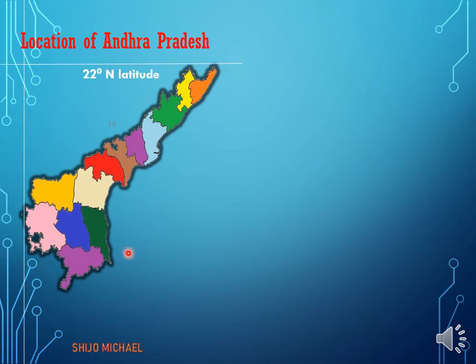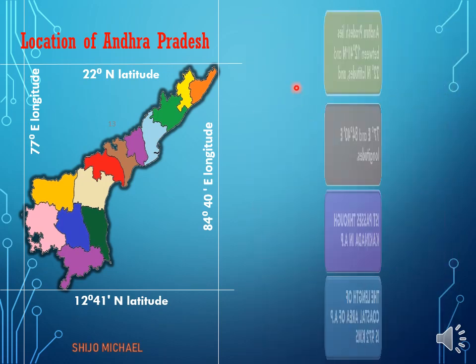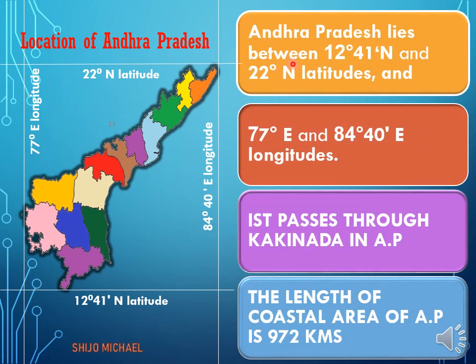We have learned about India's location. Now let us look into the location of Andhra Pradesh. Andhra Pradesh lies between 12 degree 41 minutes northern and 22 degree northern latitudes.